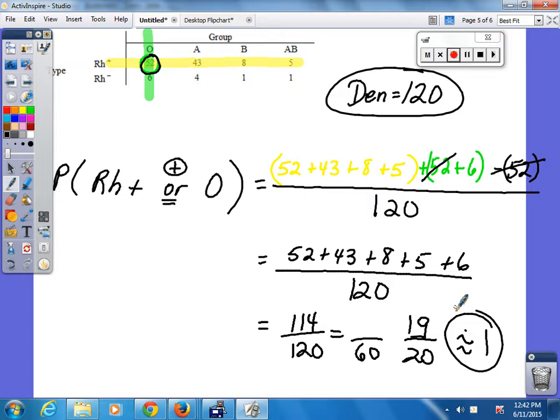But what does it come out to be? Somebody, what do you get? What's 19 divided by 20? How much? 0.95. So your probability of pulling one of these blood types is 0.95.